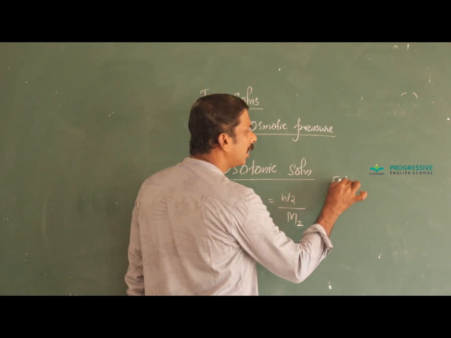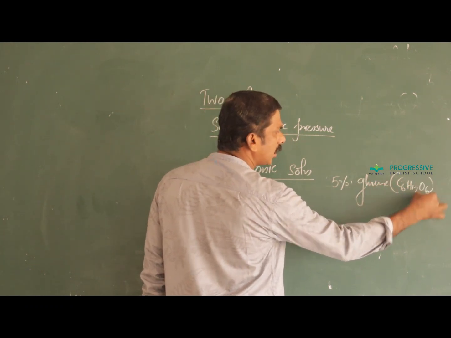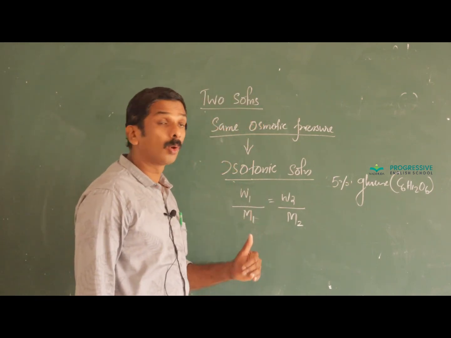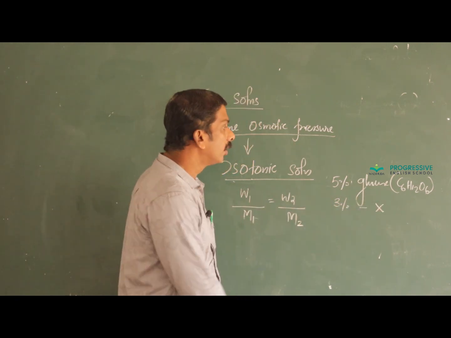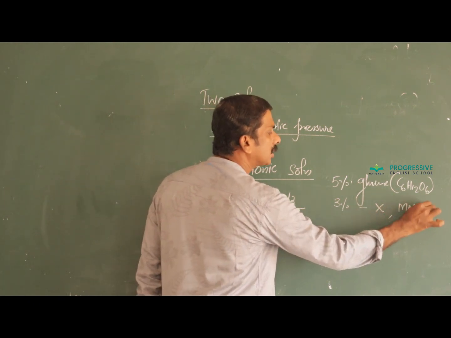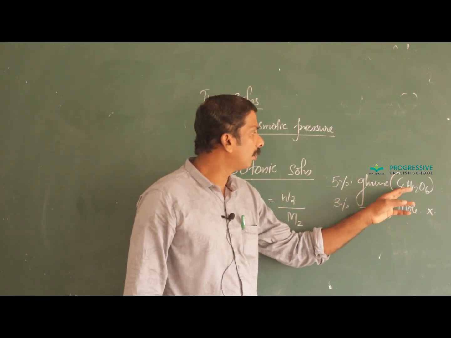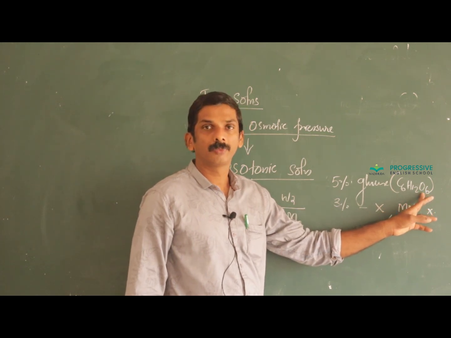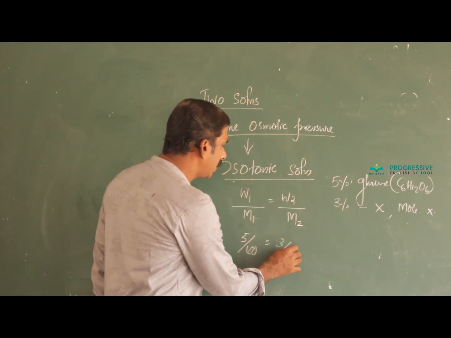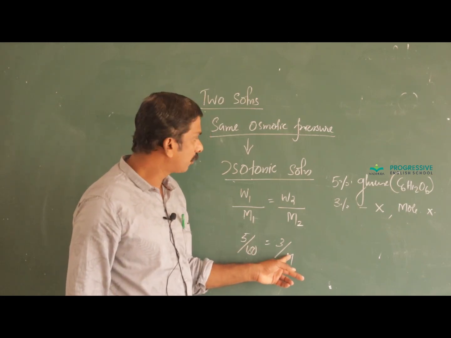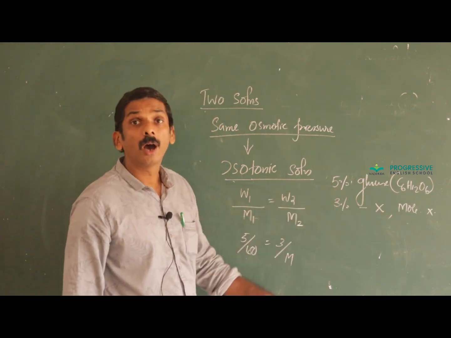Suppose 5% glucose, C6H12O6, is isotonic with 3% of another solution, say X. Then find the molecular mass of X. For that you can use this relation: 5 by, calculating 6 into 12 plus 1 into 12 plus 6 into 16, it is 180, equal to 3 divided by M. We cross multiply, and you get the value of M, the molecular mass of this unknown substance, provided both are isotonic.